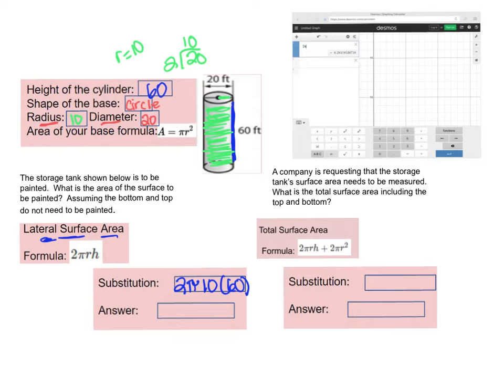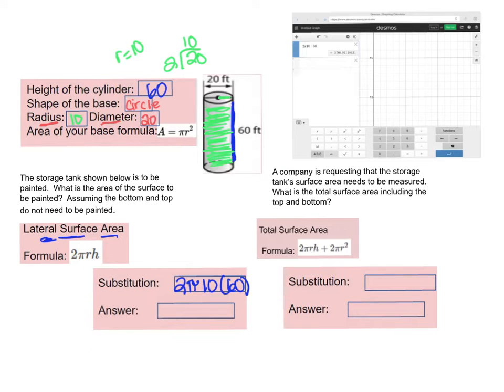Or you can also use the little pi symbol, and then we can times that by 10. Since we can't just put 10 and 60 together, because then it would look like 1060, we have to type something to show multiplication. So I'm going to put the times sign, 60, or parentheses would work as well.